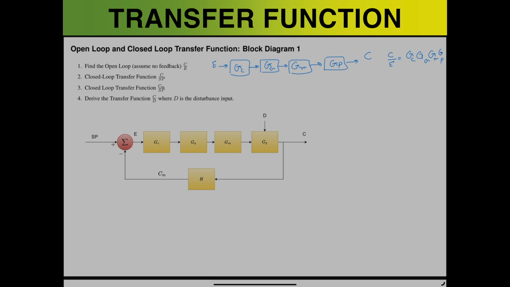Now that we have C at the output, let's try to see how this path is going to take a measurement from C and feed it to this error detection. It's essentially going to be multiplied by this H because in this return path, in this feedback, it's going to be exactly on the path.